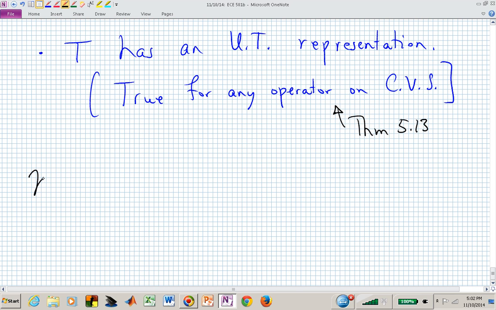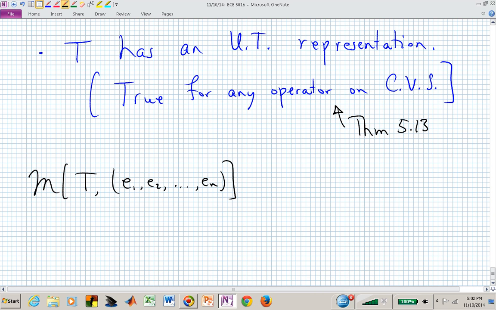If I now wanted to write the matrix representation of T, there's some basis, which since we're on an inner product space, we can normalize that basis.